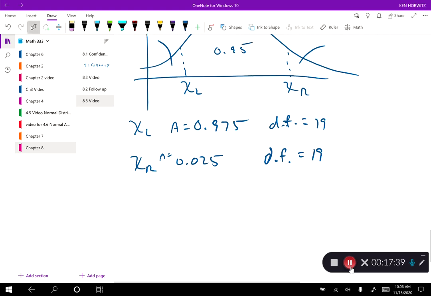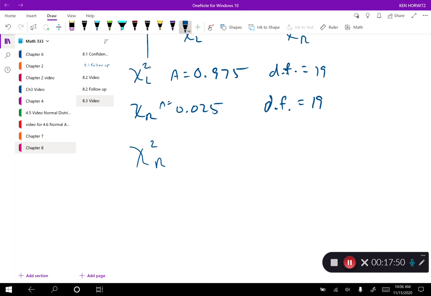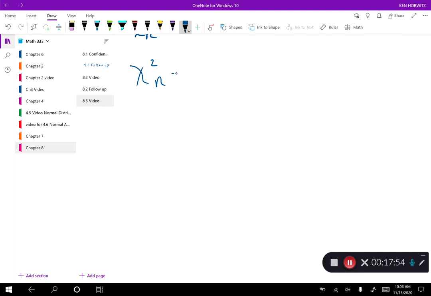All right, hopefully you looked up those values on your chart. For my chi-square right value, and these should have had squares on them, I got 32.852.